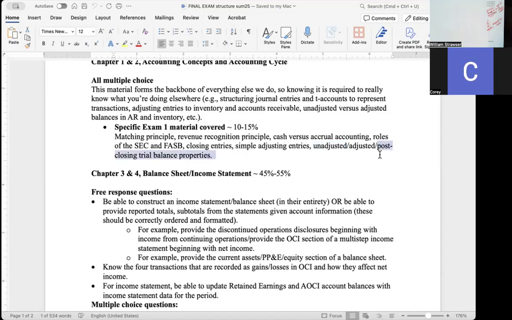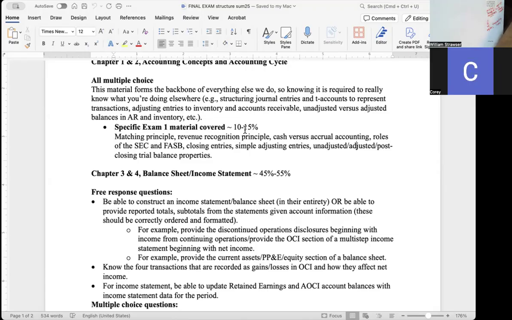A post-closing balance would just be the adjusted balance, but all of the income statement accounts are zeroed and the dividends are zeroed. All of those were put into retained earnings. That's the difference between an adjusted and a post-closing balance. And of course, the difference between unadjusted and adjusted is just that we have the adjusting entries made on the relevant accounts. So that's going to be a pretty small part, right?